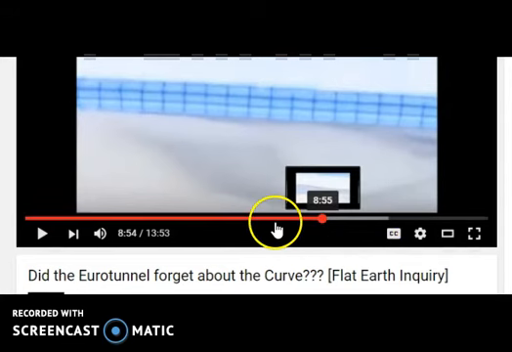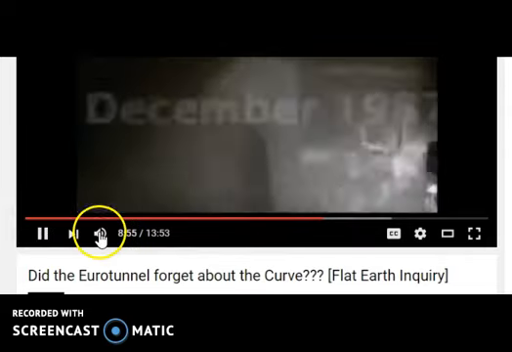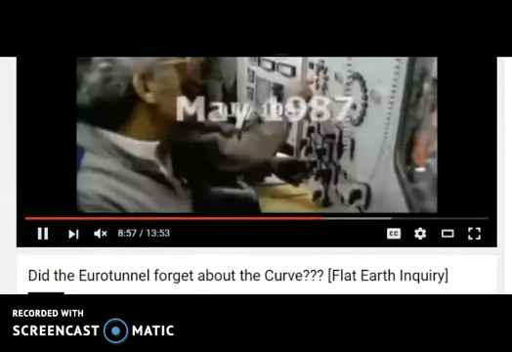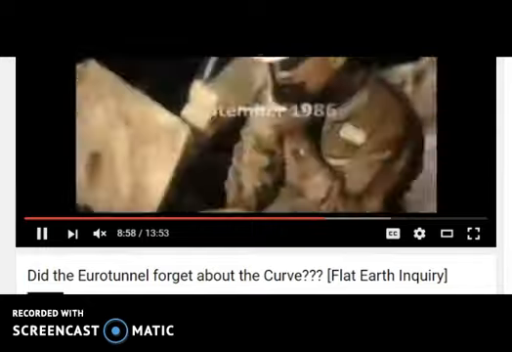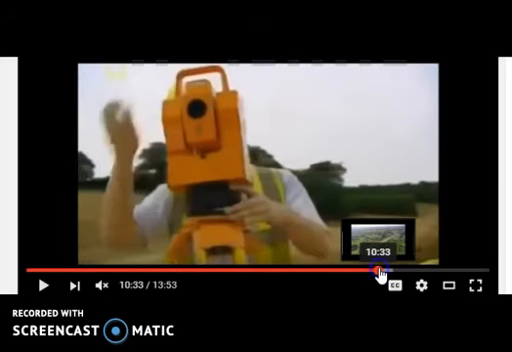I'll just play a bit of this. It's by Stranger Than Fiction. He's got the whole building of the tunnel and everything going on here. All this computer stuff of how they had to meet in the centre, as it were. That's the really interesting thing about it.